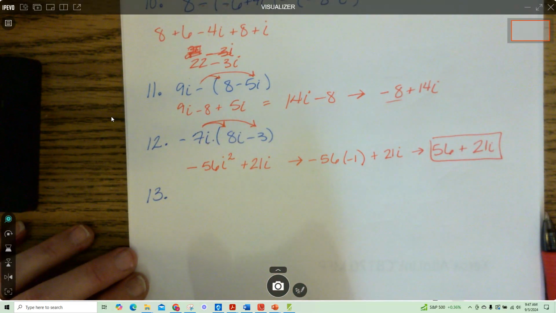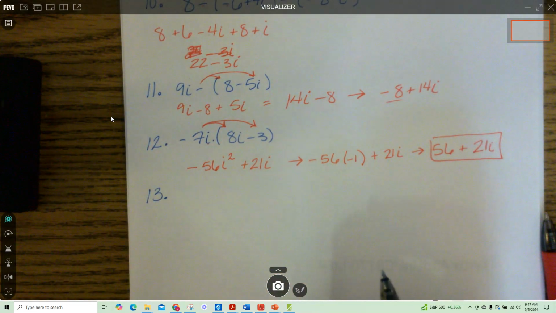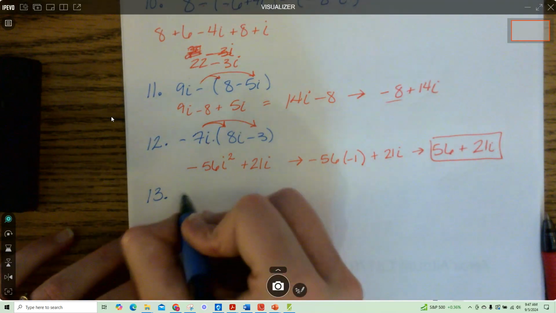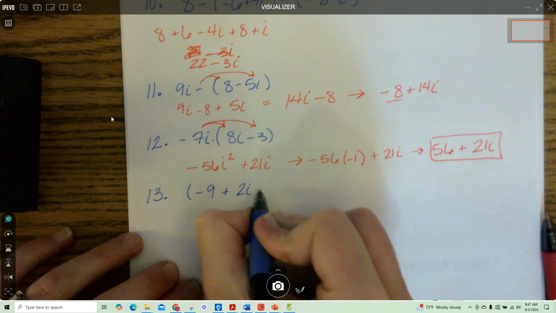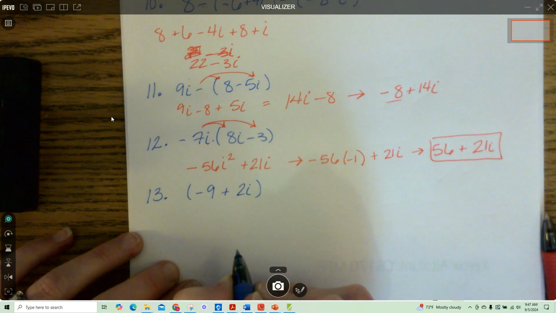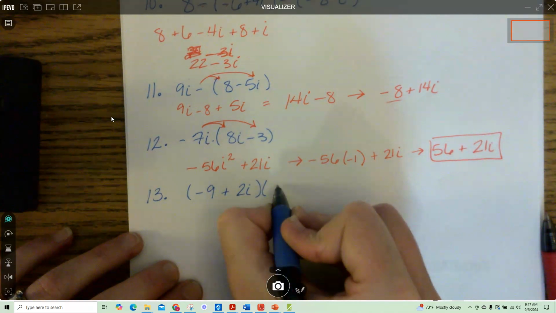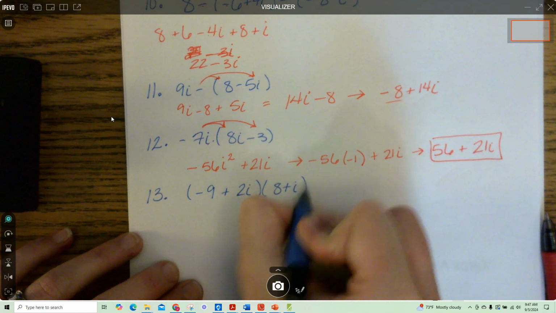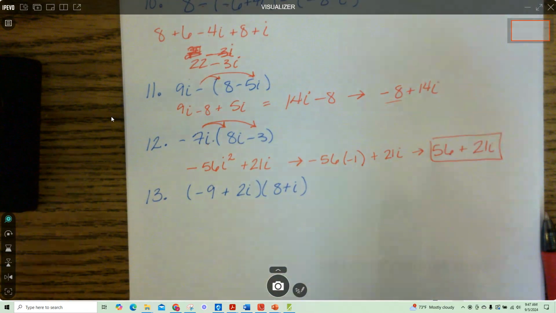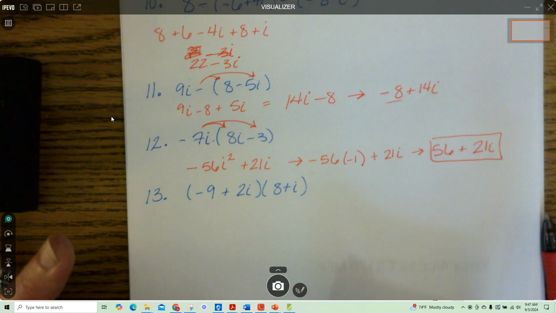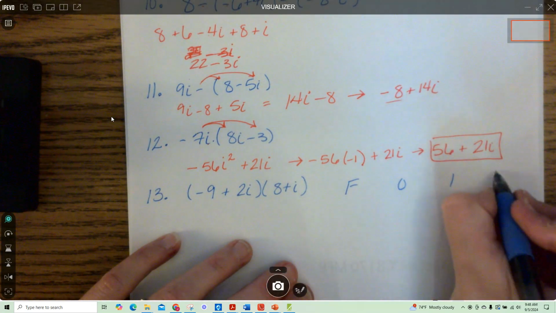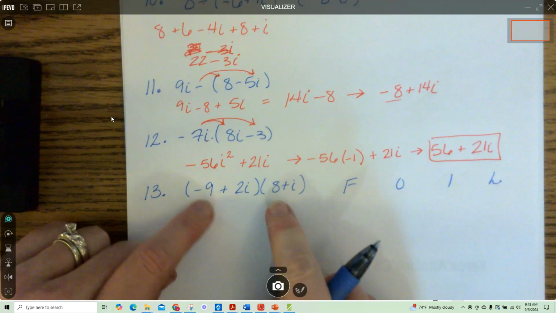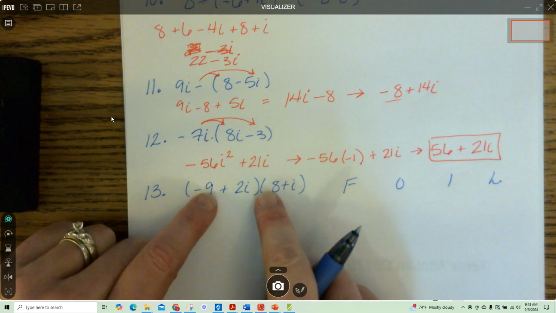Joseph, 13. Parentheses, negative 9 plus 2i close, parentheses, 8 plus i close. Does that look right? Okay. This is a FOIL. Do y'all remember FOIL? Okay. First, outside, inside, last. So first is the first number in each set of parentheses.